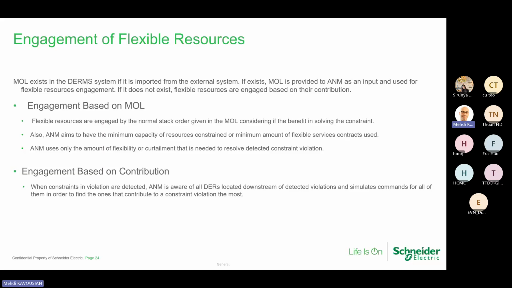It's one or two, only the one that is engaged. Let's say you have a T, one DR here, one DR here. So you have a constraint on this one. It only tries to manipulate this one, but not the other one, because it doesn't impact. So that's the contribution.